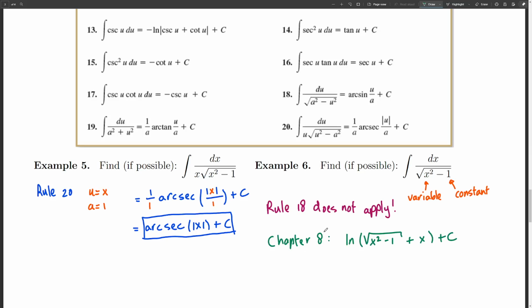And the way we find that integral is by a method called trigonometric substitution. So don't try to do this with rule 18, 19, or 20. These do not apply here.